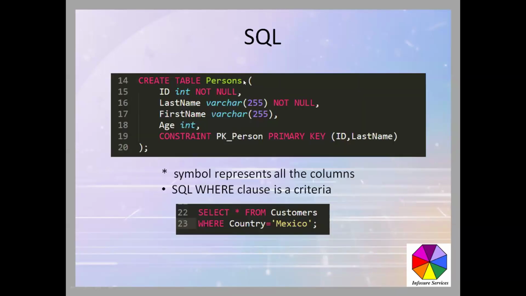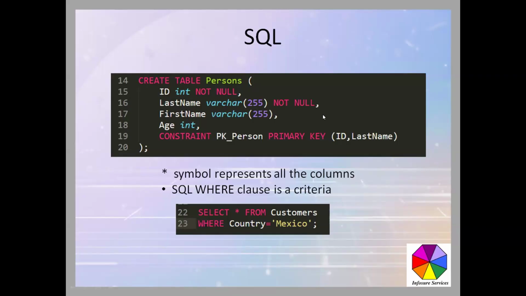Now here is an example. Create table person or persons, either way is fine. Capital letters are not needed to follow; by notation it is normally lowercase. ID int not null, last name varchar of 255. So what is this? Variable length.